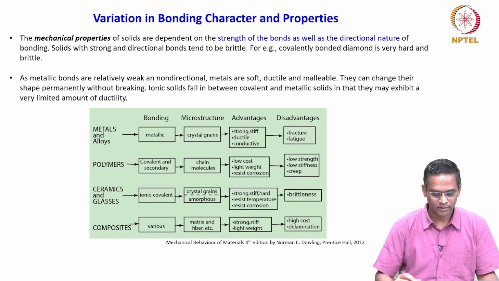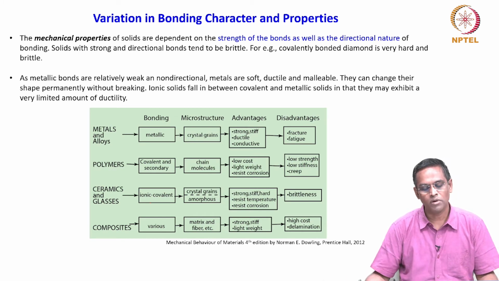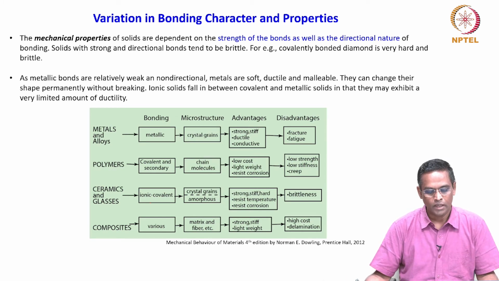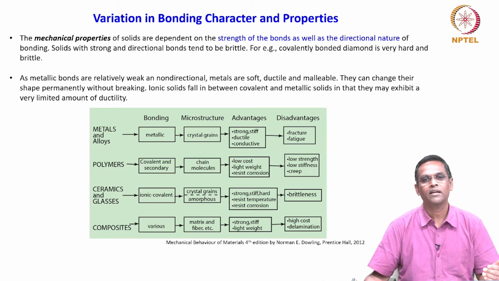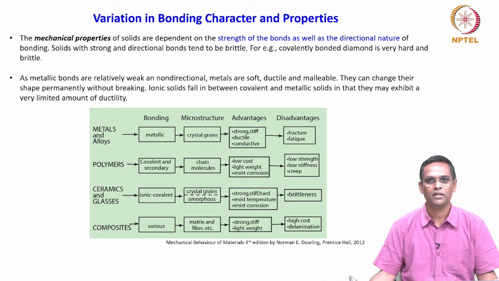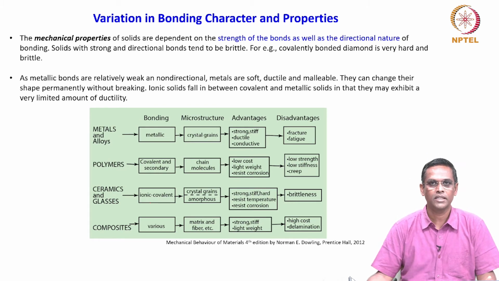So you see that this table clearly demonstrates that there is a strong connection between the chemical bond of a material and what kind of mechanical property it exhibits. Okay, there is a strong connection.